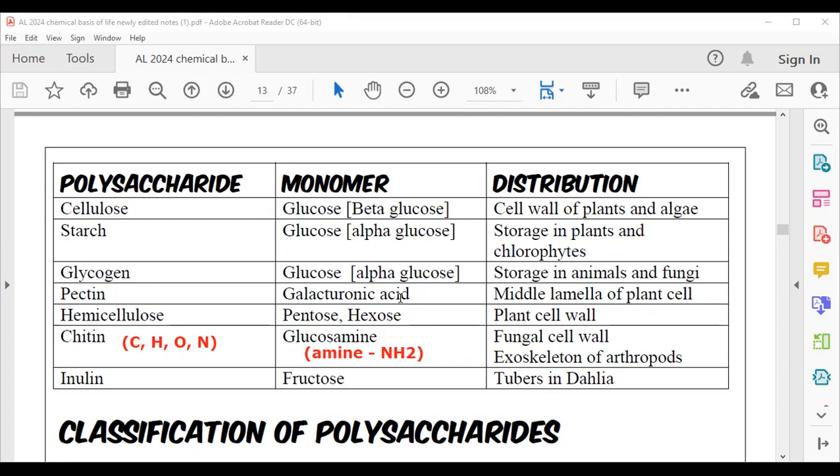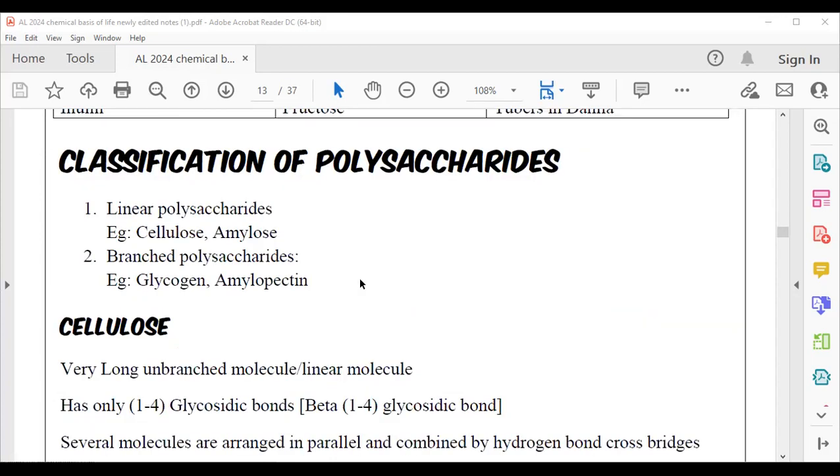Hemicellulose, structural. Chitin, structural. Inulin, storage. Clear? Yes, clear, sir.